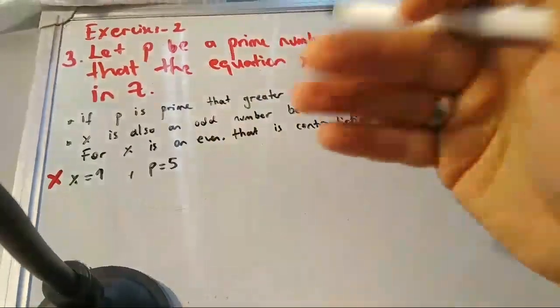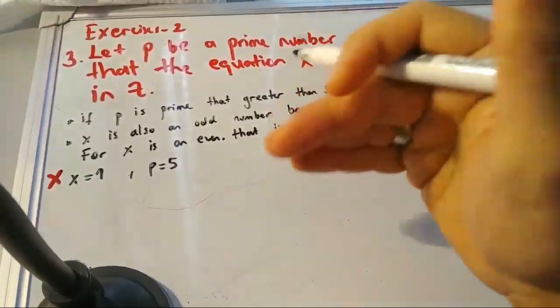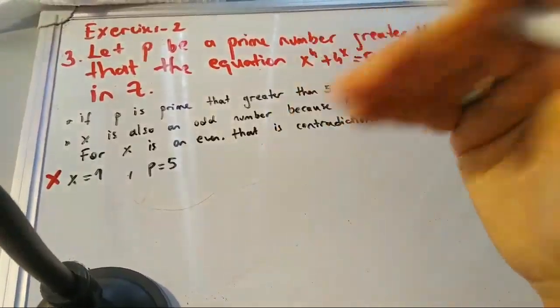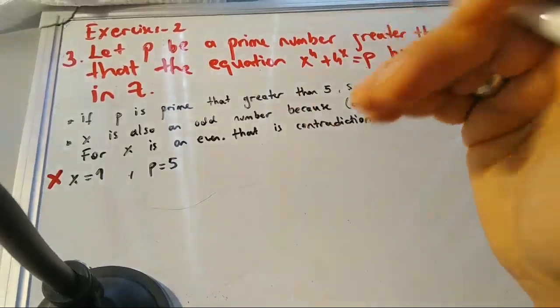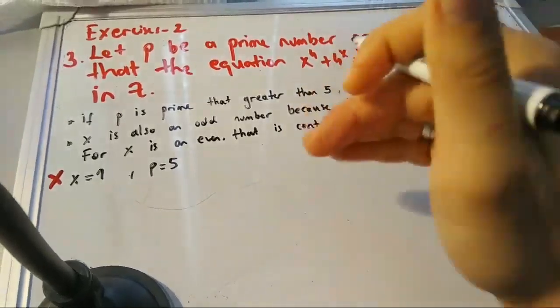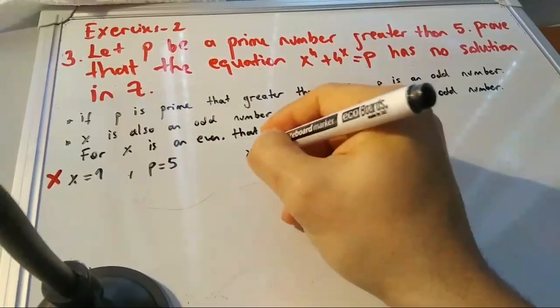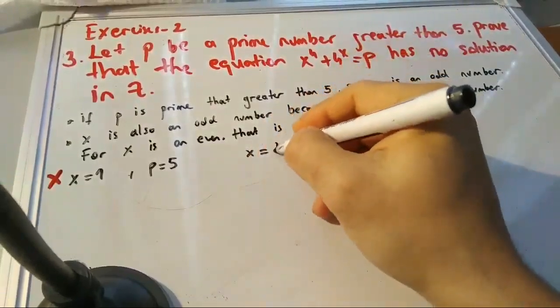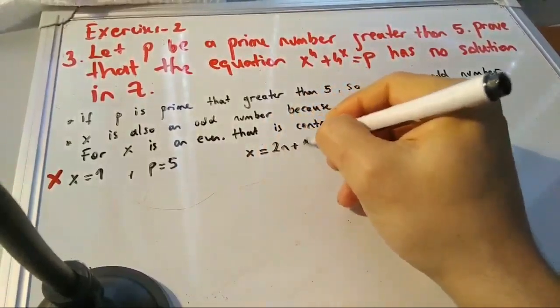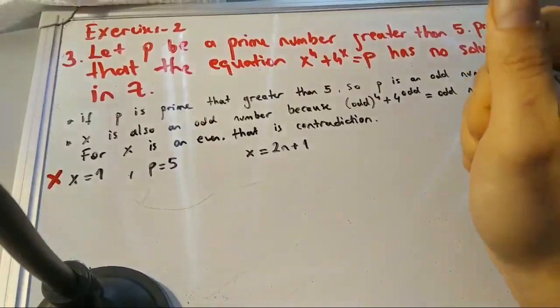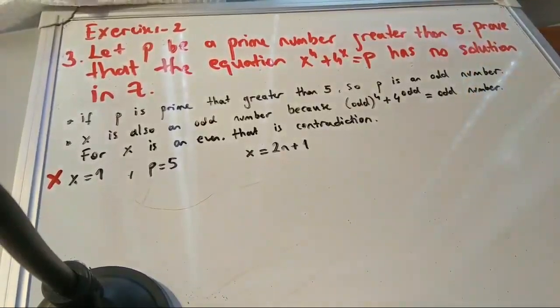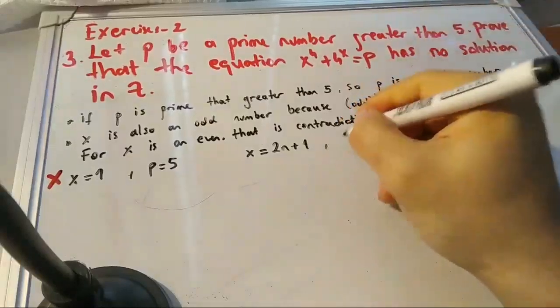For X is 2, 3, 4, 5, 6, instead of that, we defined X as an odd number. If X is an odd number, instead of X, we can write 2n plus 1, where n is an element of natural numbers.